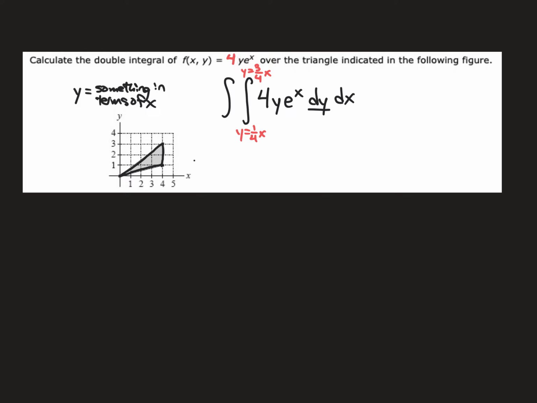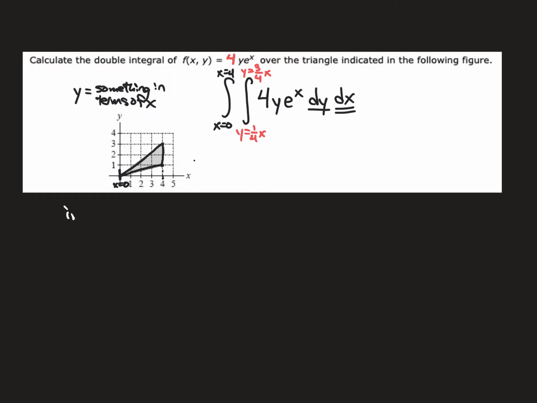To tell the integral that we only want the shaded region between these two lines, the outer integral is with respect to x, so we say we want only to take the area between x is equal to 0 and x is equal to 4. And there we go. We have set the integral up.